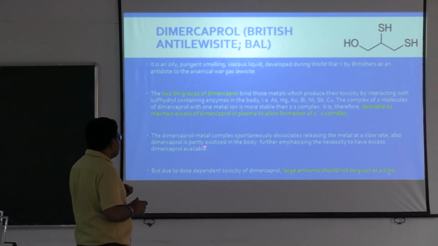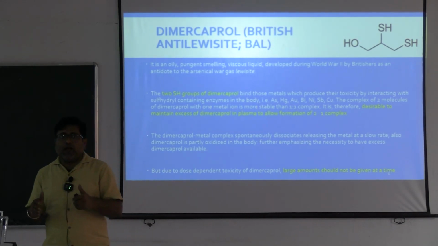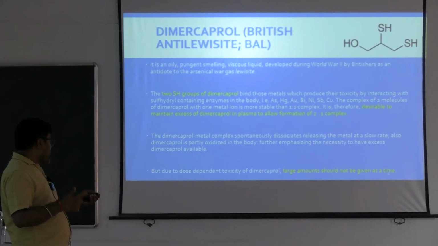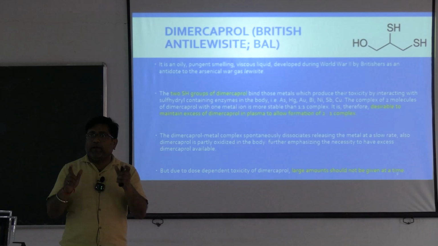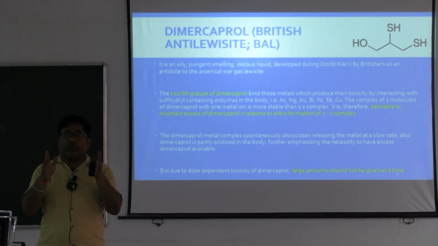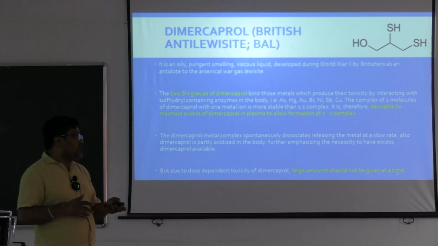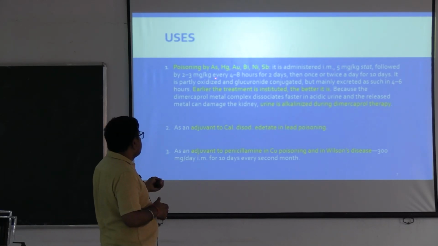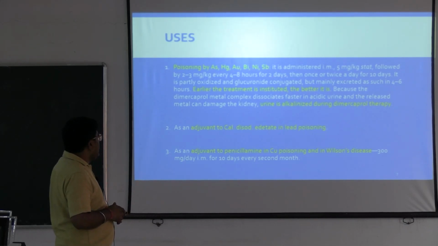Also, dimercaprol is partly oxidized in the body, so for that reason also a higher concentration is needed. But dimercaprol shows dose dependent toxicity, so the larger amount of the drug has to be given at a slower rate, so that less dose dependent toxicity is seen. Now they are used in poisoning by arsenic, mercury, gold, bismuth, nickel and lead.